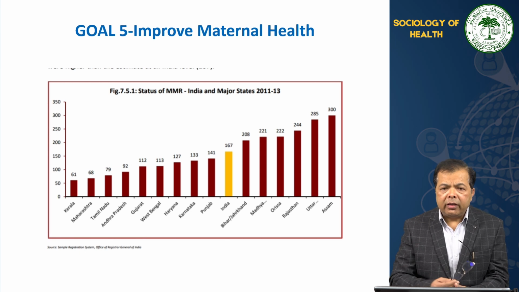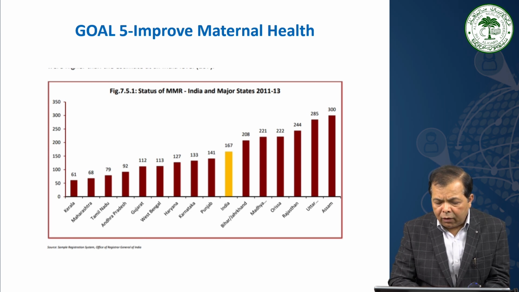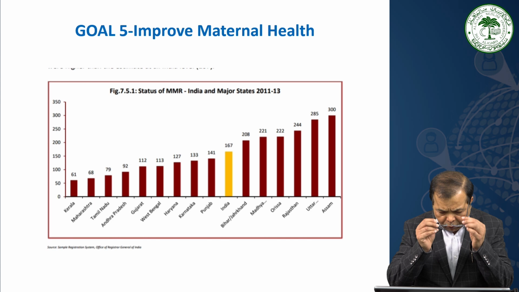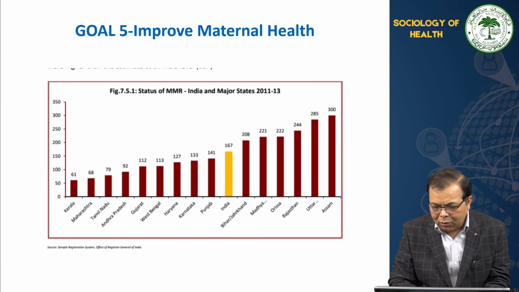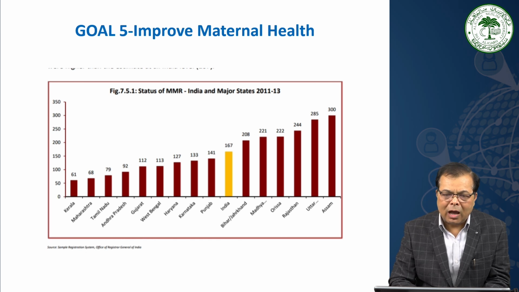Then here is a graph which is showing the relative performance of the various states. And again, we can see that Assam, Uttar Pradesh, Rajasthan, Odisha are among the states which have not performed well. Whereas Kerala, Maharashtra, Tamil Nadu, Andhra Pradesh, Gujarat are the states which have performed well, because these states, Kerala, Maharashtra, Tamil Nadu, Andhra Pradesh, Gujarat, West Bengal, Haryana, Karnataka and Punjab are below the national average.